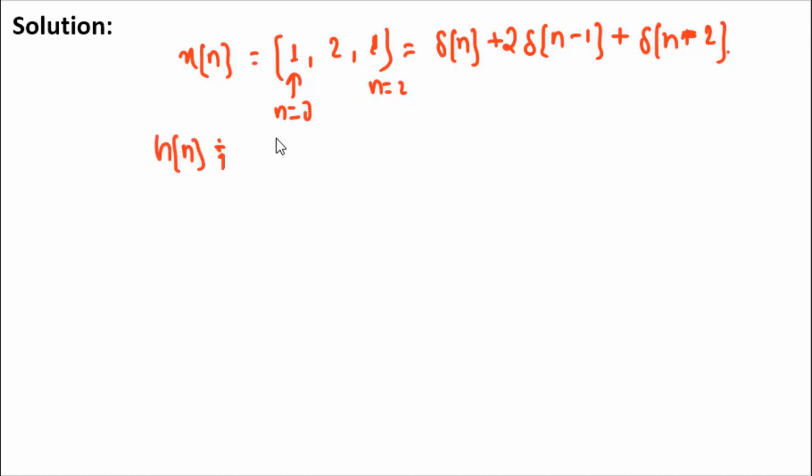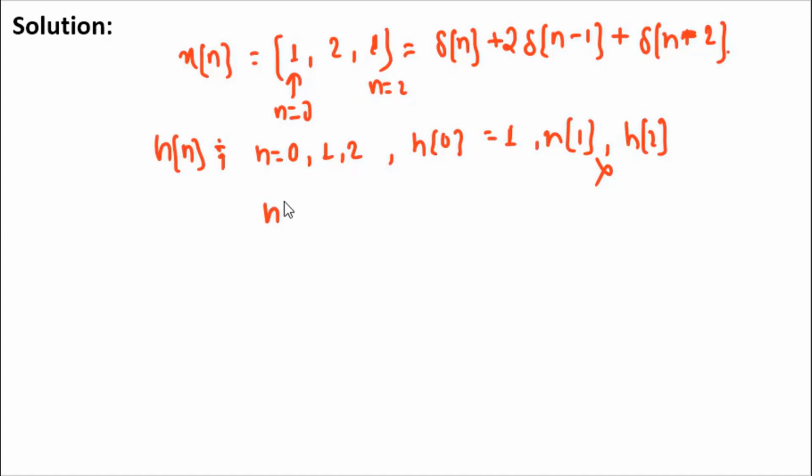Now h of n has values at n equal to 0, 1 and 2, but only h of 0, equal to 1, is given; h of 1 and h of 2 are not given. So you can take h of n as 1, a, b, where a is the value of h of 1 and b is the value of h of 2.